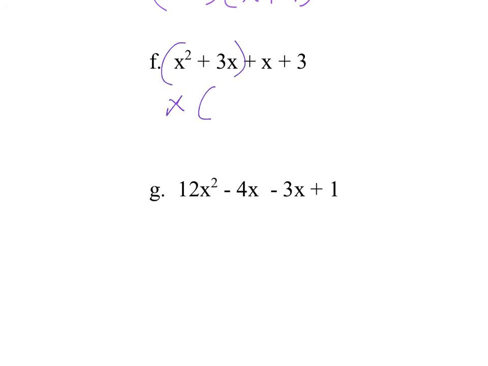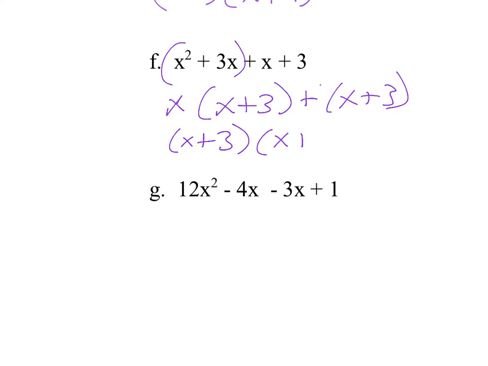I pull out an x. I have x plus 3. And I have nothing to pull out. I still have an x plus 3. So when I factor out the x plus 3, I have an x plus. Remember, I have to leave the 1 behind as a placeholder.